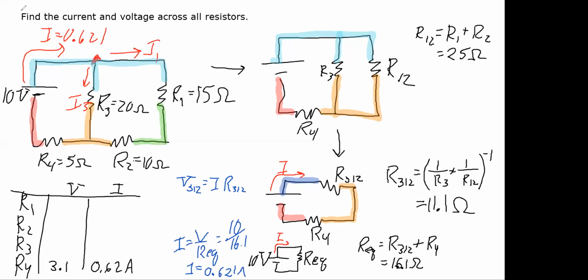The resistance for the R312, which we also calculated earlier, is right here, 11.1. So we plug that into our calculators: 0.621 times that resistance, 11.1, and we get 6.89 volts.